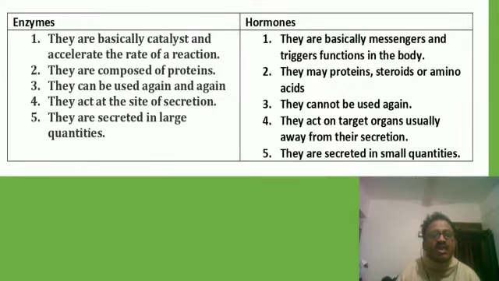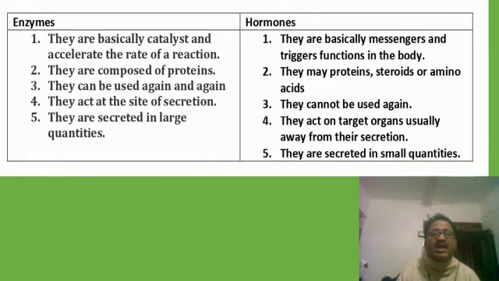Now let us know the differences between enzymes and hormones. Enzymes are basically catalysts and accelerate the rate of the reaction. Hormones are basically messengers and trigger functions in our body. Enzymes are composed of protein, but hormones may be protein, steroid, or amino acids.